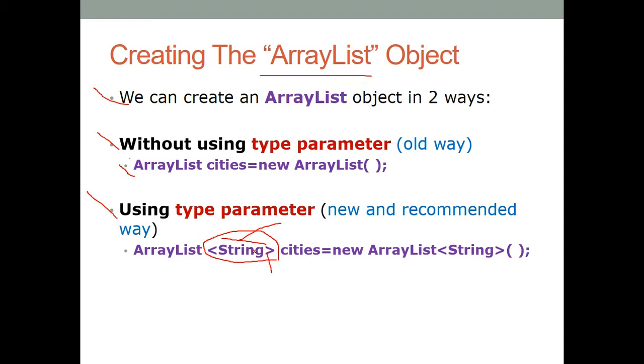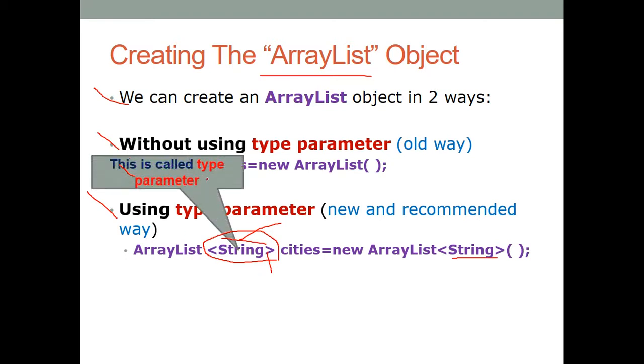You can store only String type values in that ArrayList; you can't store integers, floats, doubles or any other objects. That is the limitation and the rule. You can store student data in an ArrayList and only student data; you can't store any other data. That is the recommended way, and it is what is used right now.